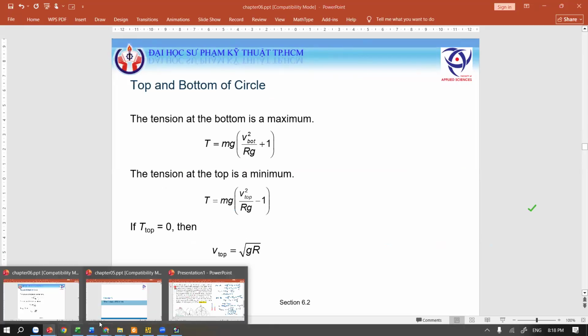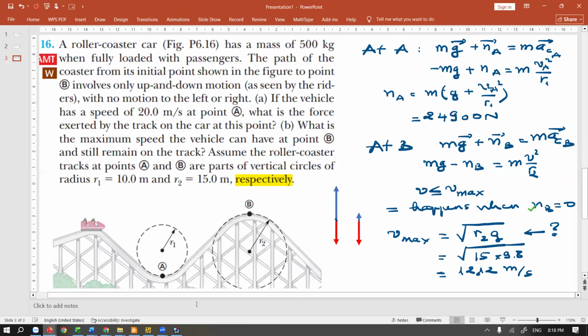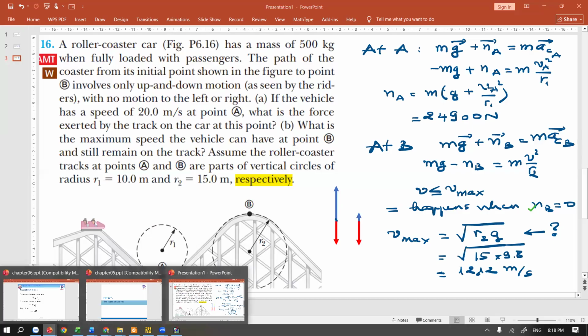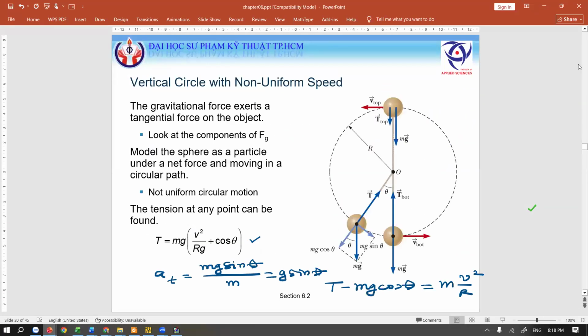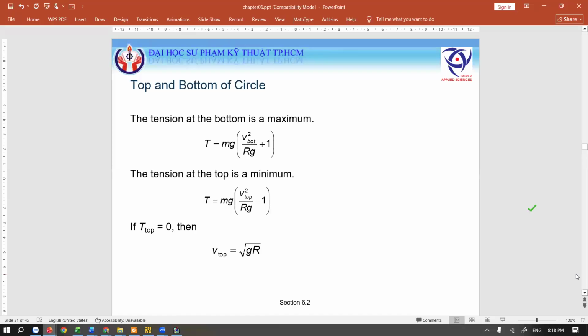Now we have the same, right? But if you compare the two here, in the case of the vertical circle here, this is the tension, right? So the value here must be the smallest or the minimum one.